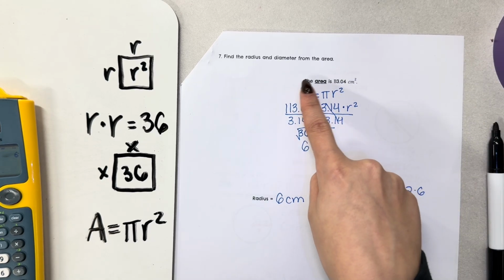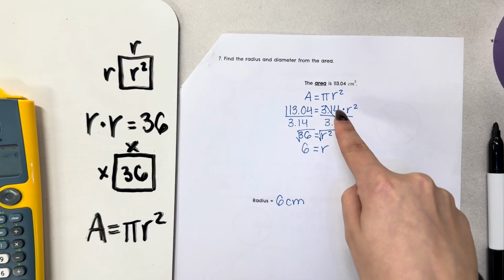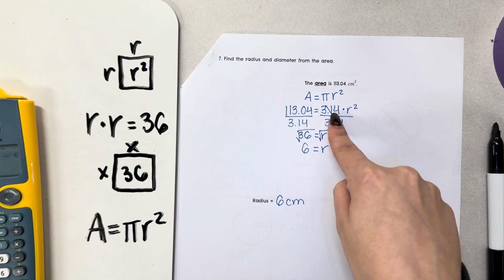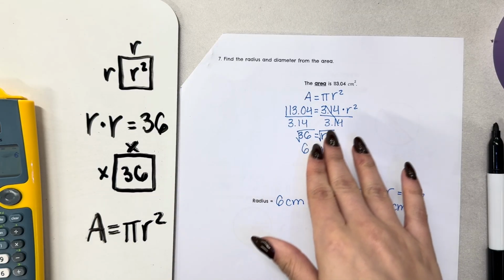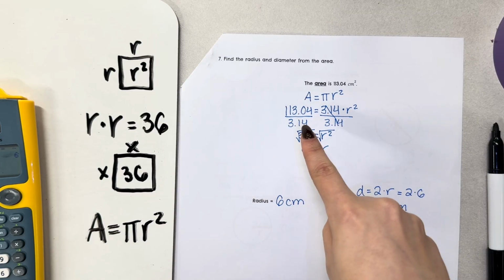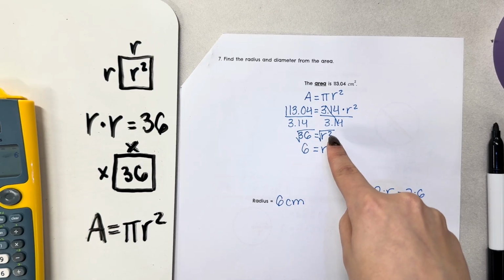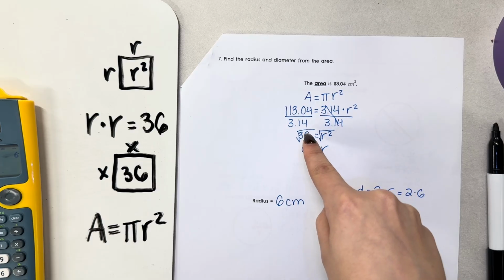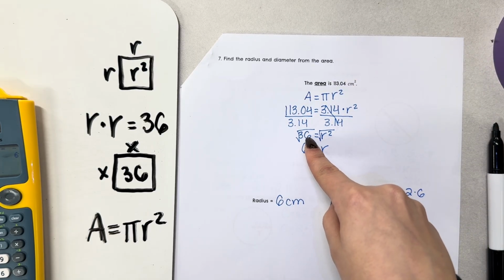It's telling you what your area is. You're gonna plug it in for area. Then you're gonna change your pi to 3.14, multiply it by r squared. Then I wanna get r squared all by itself, so I'm gonna divide both sides by 3.14. I'm left with r squared on this side. In this problem, I got 36 on this side.